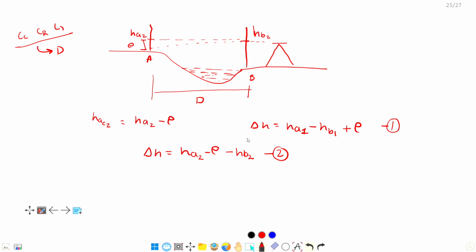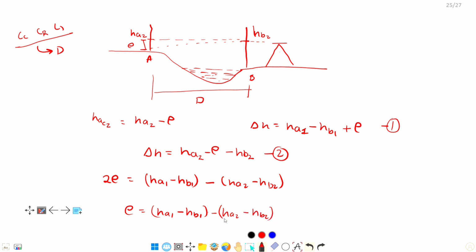So by equating del H from both the equations we will get 2 times E is equal to (HA1 minus HB1) minus (HA2 minus HB2), and E will become [(HA1 minus HB1) minus (HA2 minus HB2)] divided by 2.